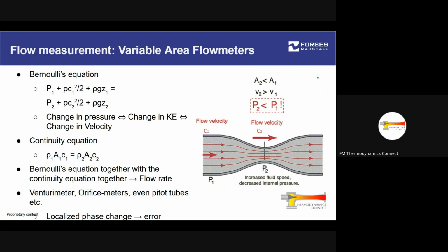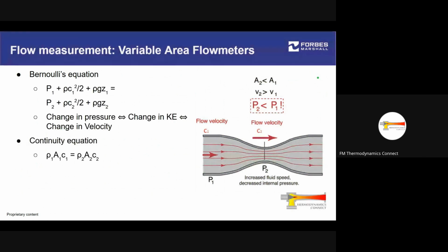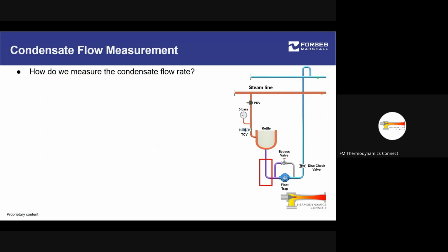So now the question for us to answer is, how do we measure this particular flow rate? We just want to understand, how do we measure condensate flow in this particular case at this particular location? That's the typical challenge associated with condensate flow measurement.